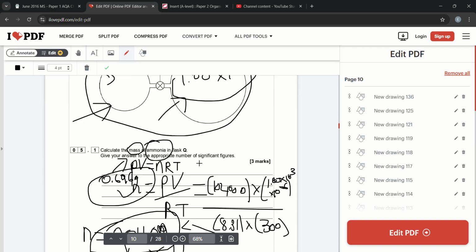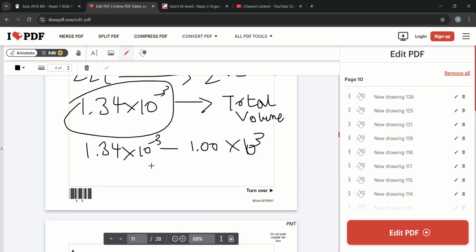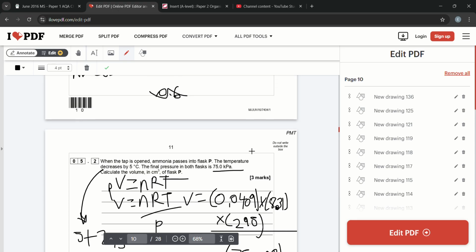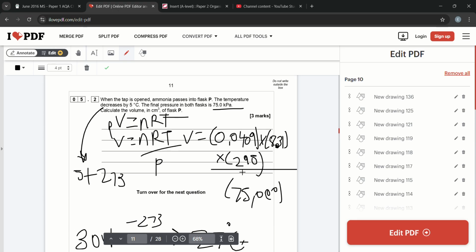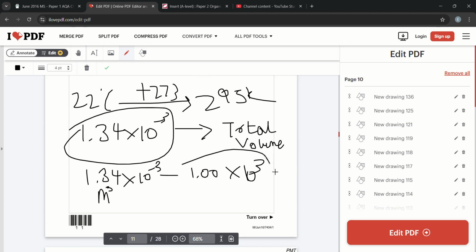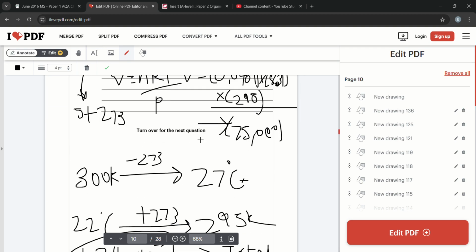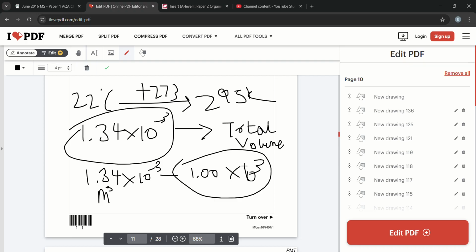What I just worked out is a volume in meters cubed, because I used all the correct units: Kelvin, moles, temperatures in Kelvin, pressures in pascals. So that will give me the volume in meters cubed. This volume, however, is in centimeters cubed. So to convert it from centimeters cubed to meters cubed, we need to times by 10 to the power minus 6, so this becomes 10 to the power minus 3.